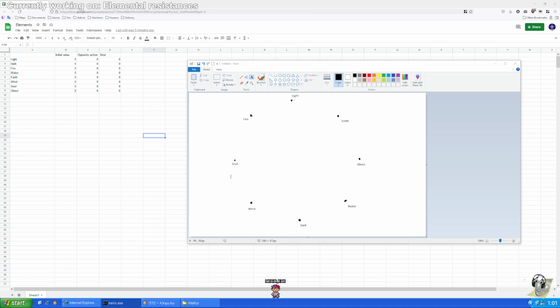Dark, wind, water, gust, soul. Okay, I'm not sure about gust and soul, but okay, dark, wind and water close to each other, which is great. And then light, fire and earth are close to each other. Okay.